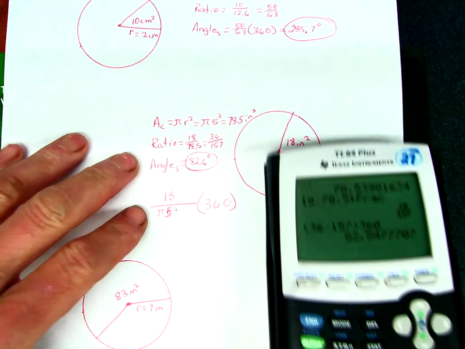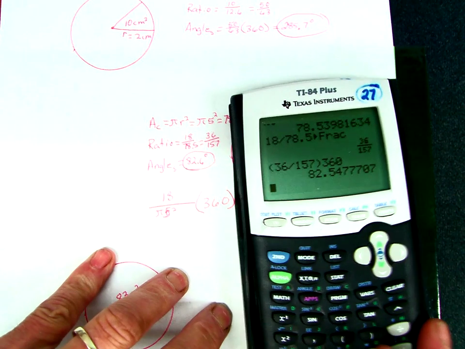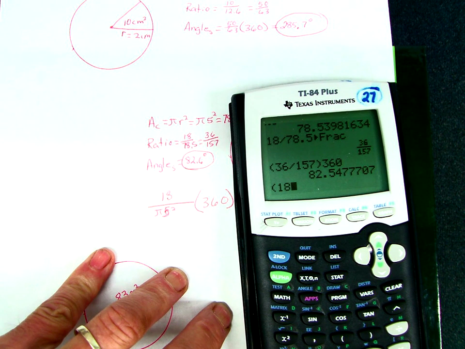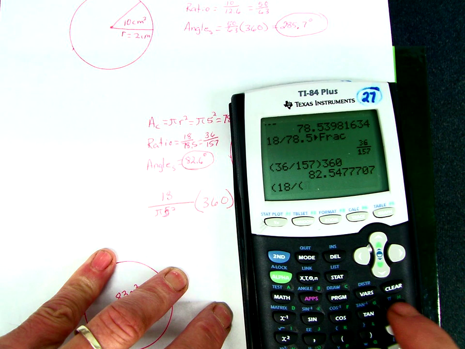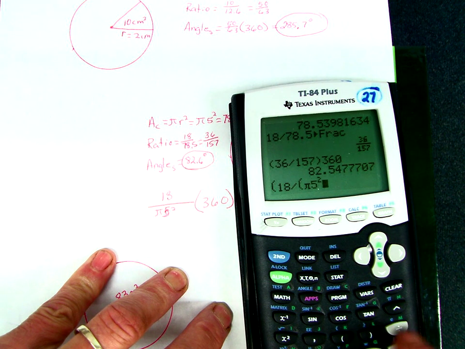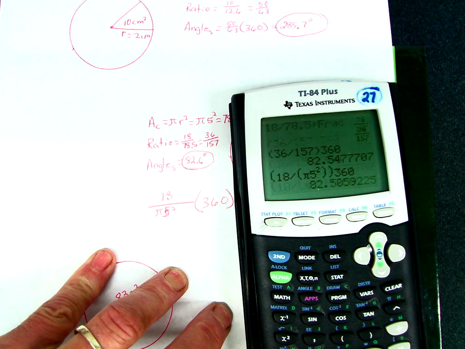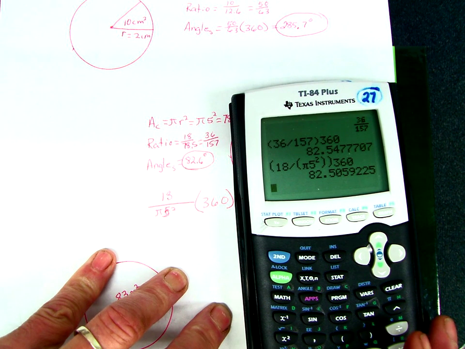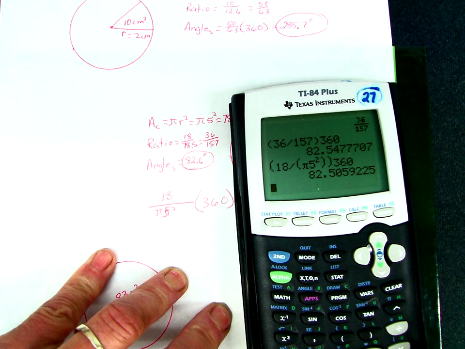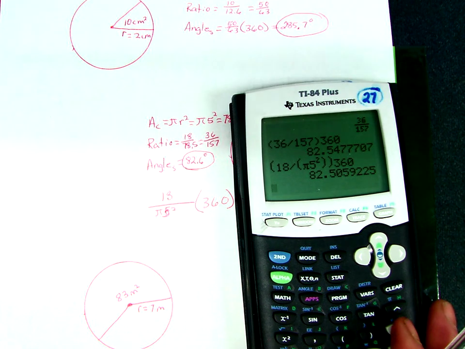I'll type all that in my calculator at the same time. I have to use parentheses. Okay. Pi times 5 squared. And that gets multiplied by 360. 82.5. I'm off just a hair.